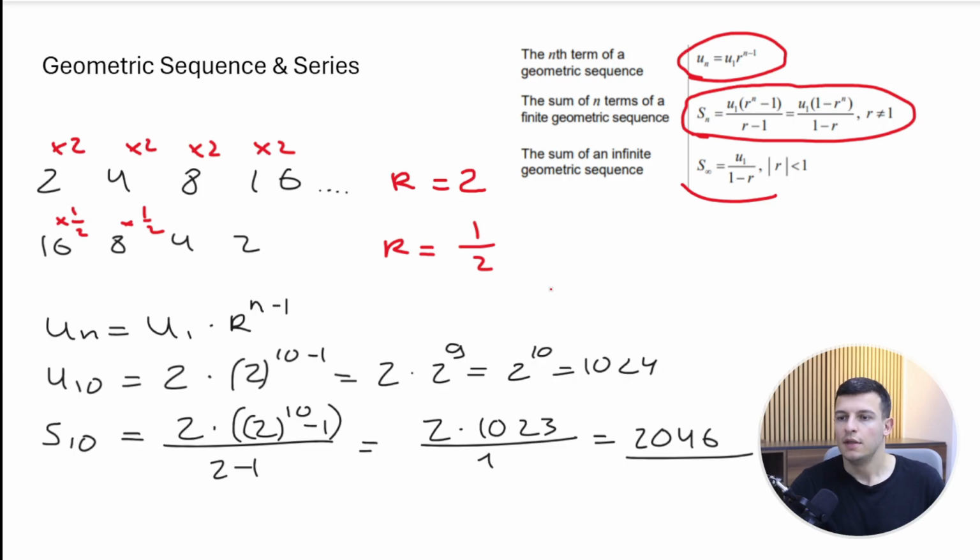But when we have an r value less than 1, like 1 over 2, the sum will eventually get closer to a certain value. For example, 16, 8, 4, 2, the next value will be, let me write it here, 1, then 1 over 2, then 1 over 4, then 1 over 8. Now, it has a limit, basically.